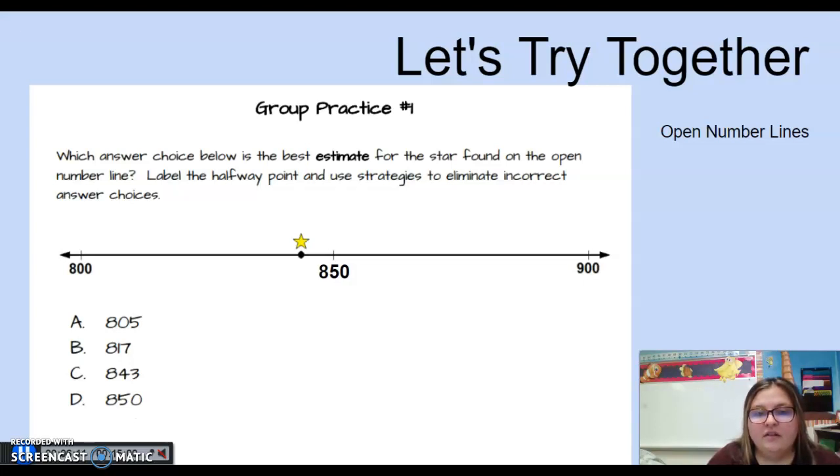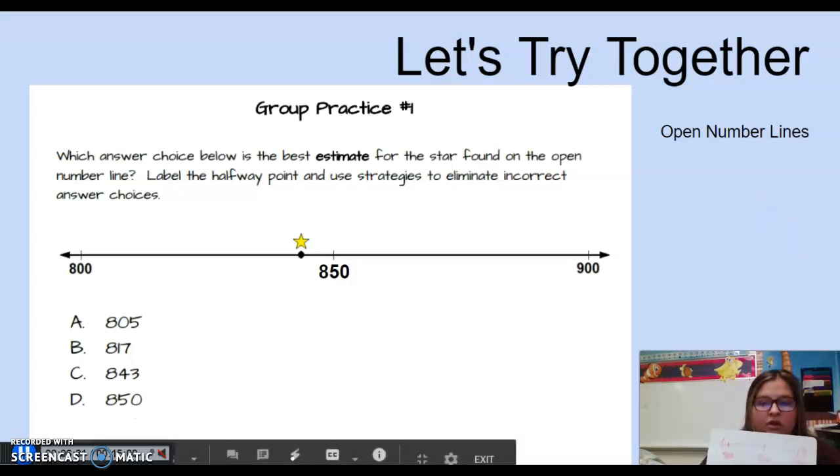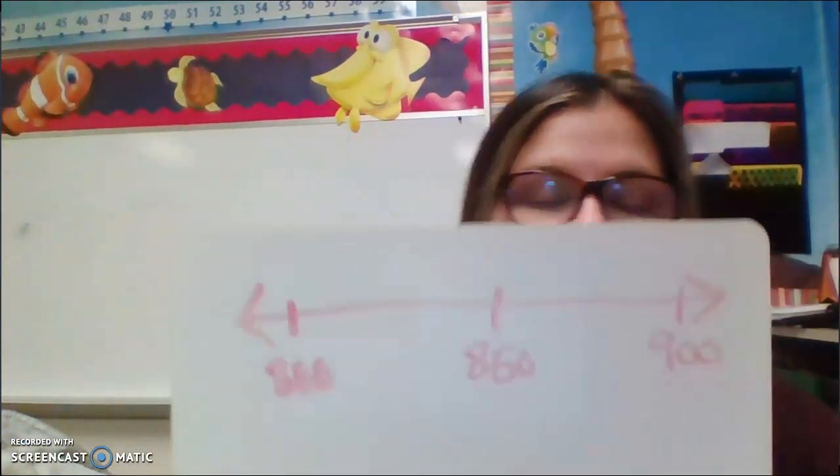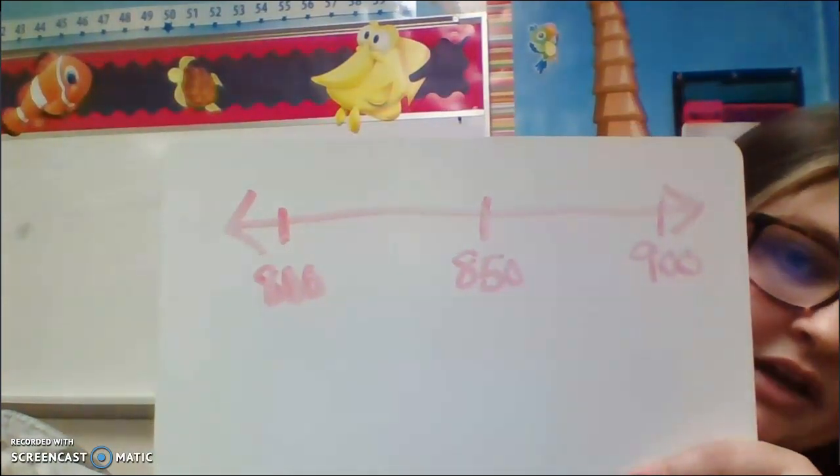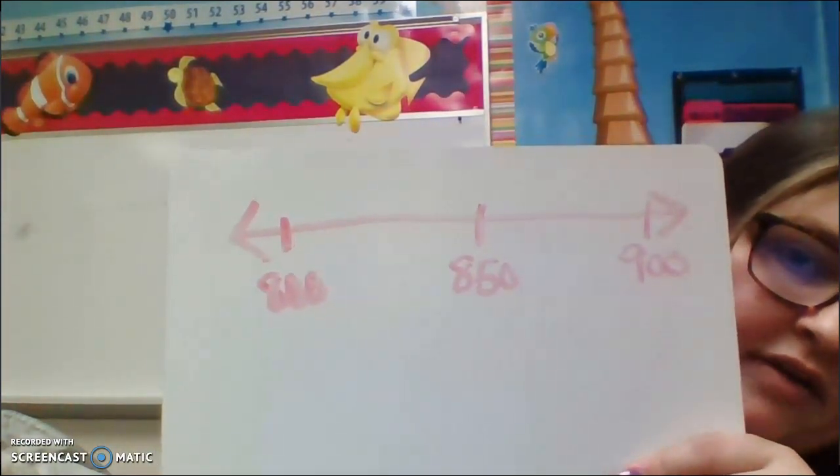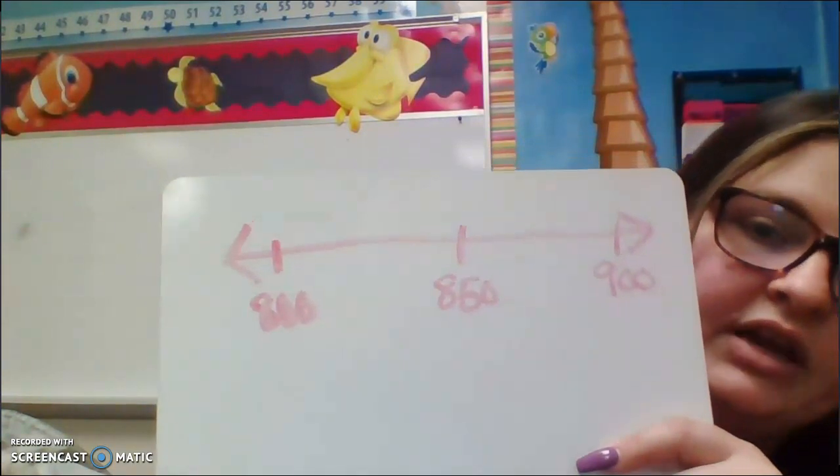Okay, and they said to label the midpoint, which I already did for you guys, and right in the middle, half of 100 is 50, so halfway in between 800 and 900 is going to be 850. And you guys did good working on this yesterday, so yours should look like this. Okay, so on your paper, go ahead and have that. So 800, 850, and 900.